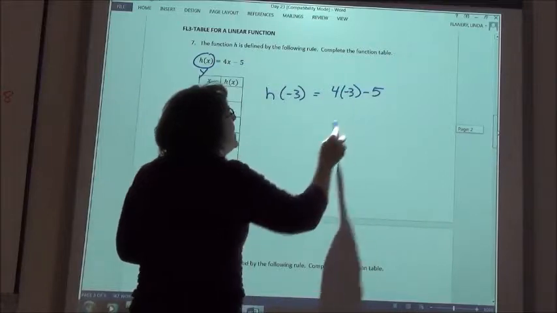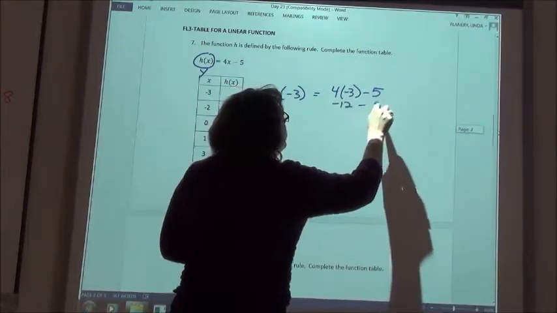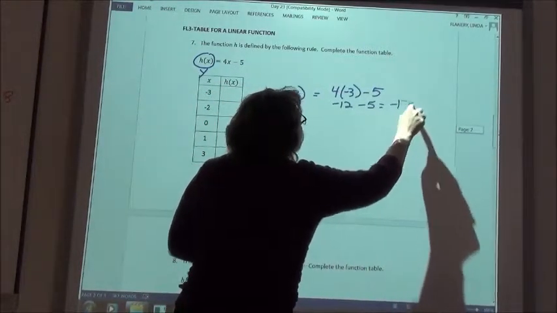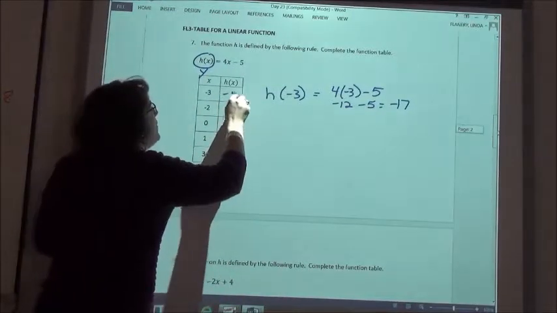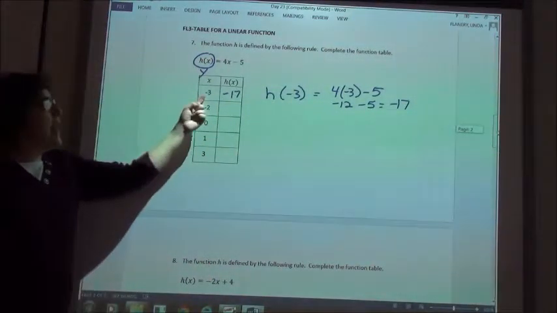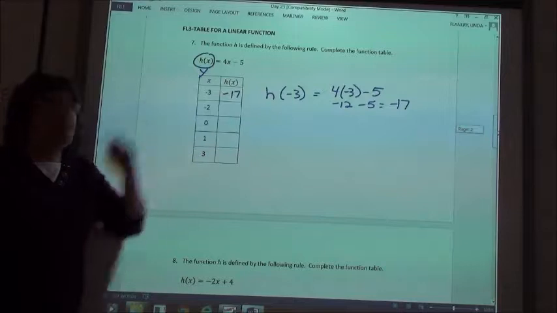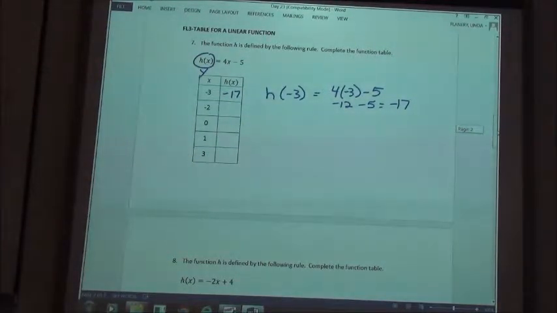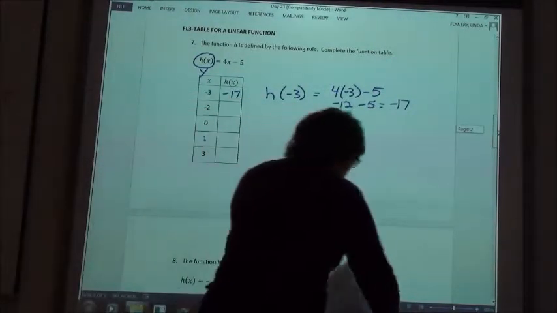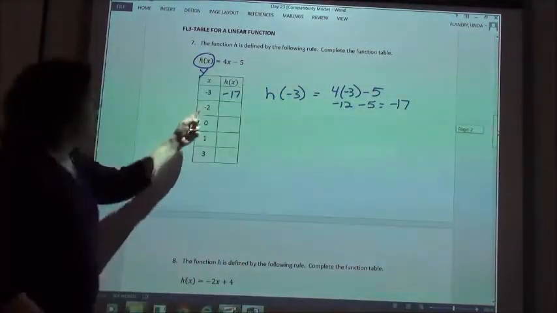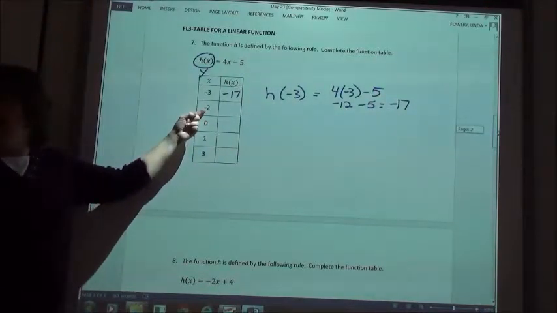So 4 times -3 is -12. -12 minus 5 is -17. And so I'm going to put it into my table. When X is -3, my answer is -17. So then they tell you on the next one, well, let's use -2.